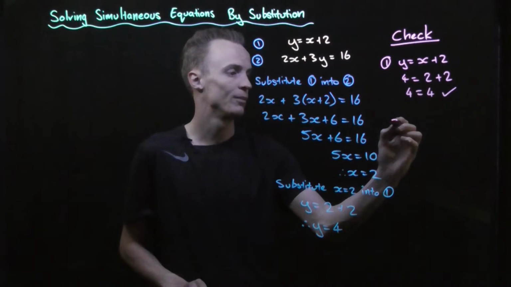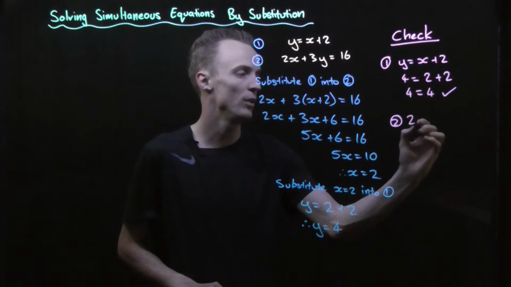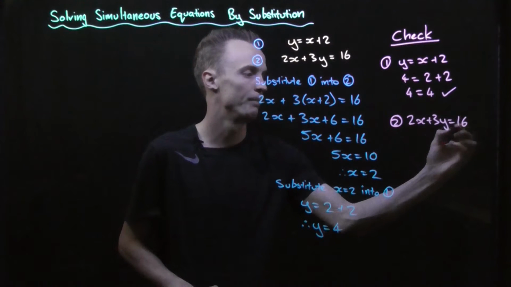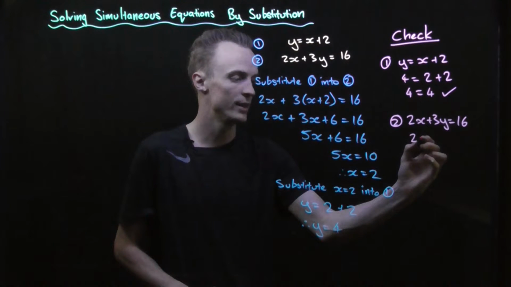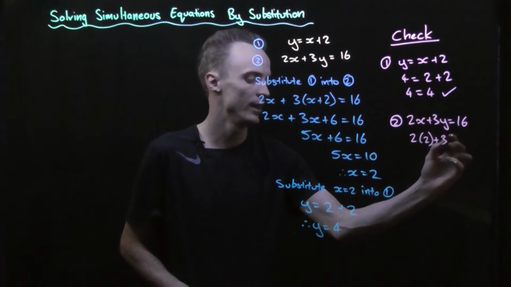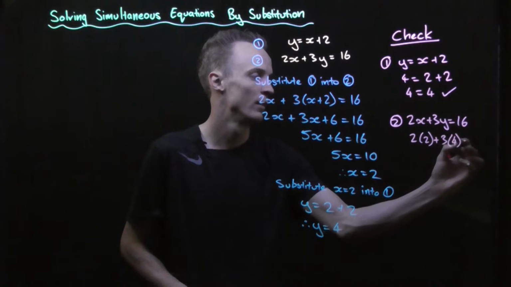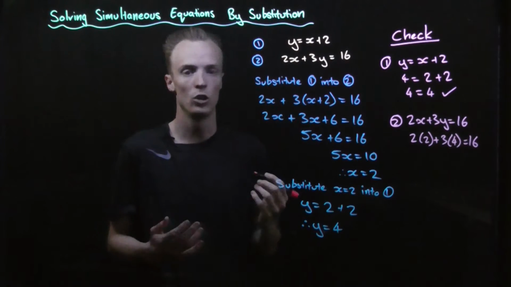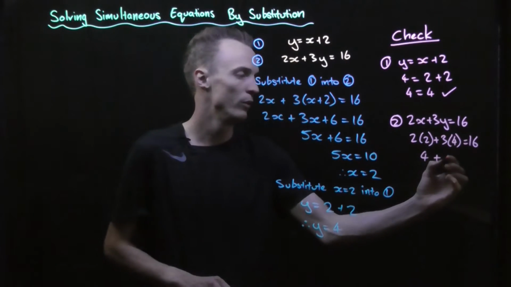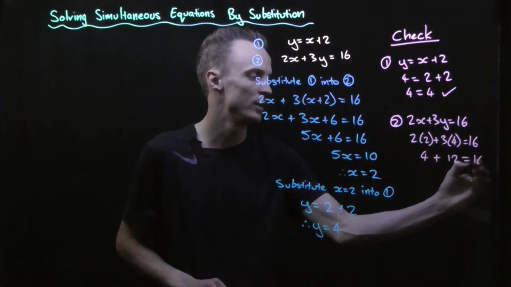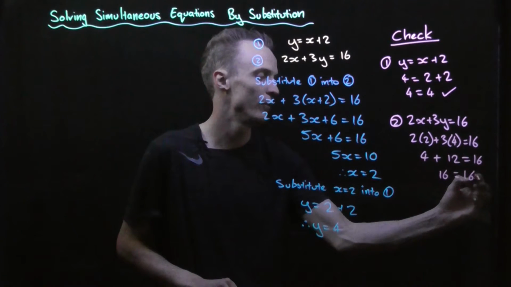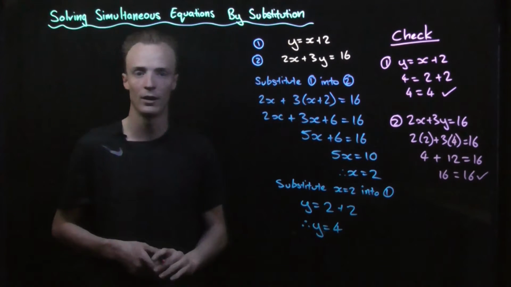What about equation 2? Well, equation 2 said 2x plus 3y equals 16. Well, our x value we're saying is 2, and our y value we're saying is 4, which should equal 16. 2 times 2 is 4. 3 times 4 is 12, and that should still equal 16. 4 plus 12 does equal 16, so we've found a correct solution for the second equation.